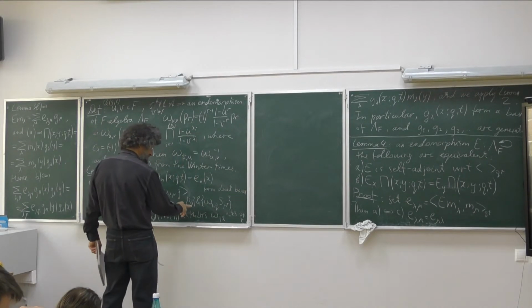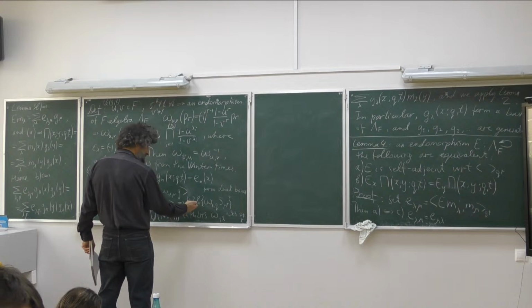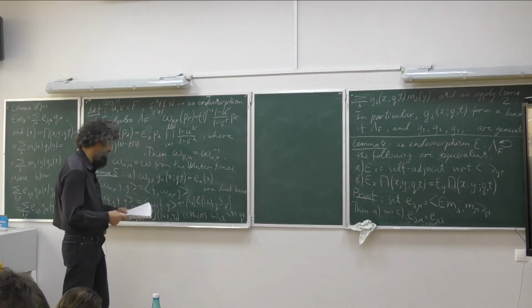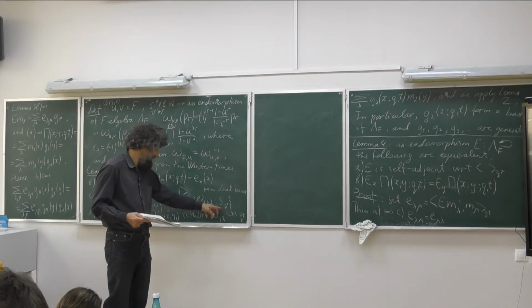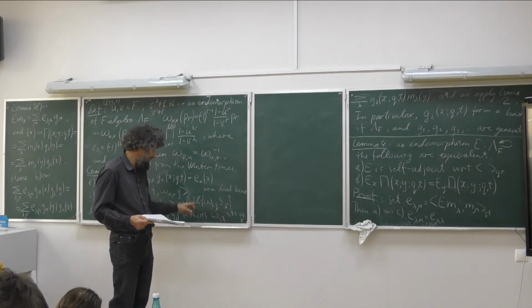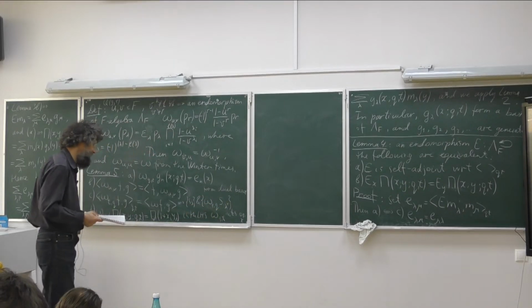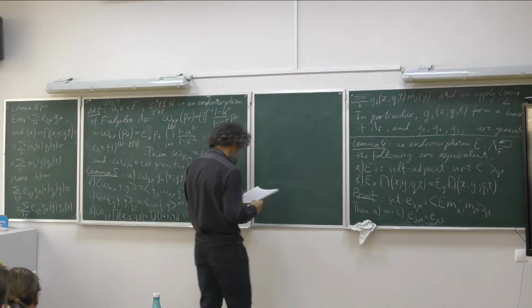I mean, well, when mu transpose, well, I don't know, maybe I should say lambda transposed. So when lambda here is lambda there, then their product is 1, otherwise 0.